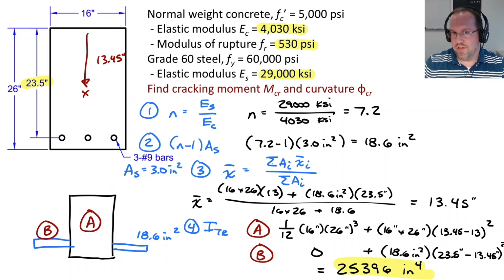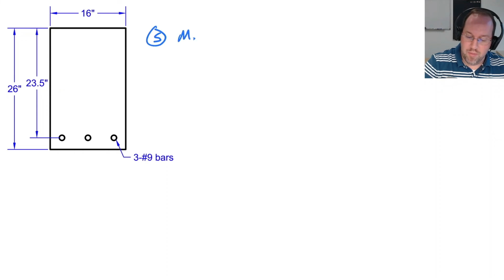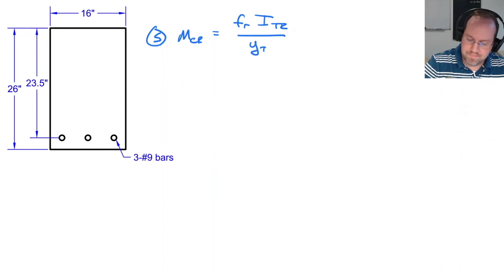Now that we have the transformed moment of inertia, we will go to the next page and calculate the cracking moment and the cracking curvature. Step 5 is my cracking moment. It's the same equation, f_r, except I'm going to use I transformed on top, divided by y_t. If we draw our centroid here, which was 13.45 inches down from the top, y_t is this distance right here from the centroid down to my tension fiber.